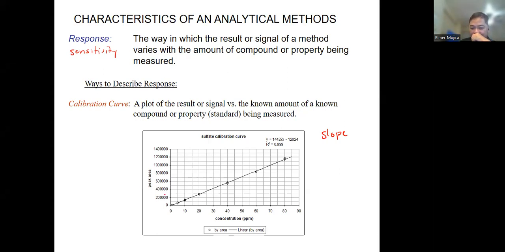So if we have a calibration curve like this, and another like this, and another like this, and I put A, B, and C, which is the most sensitive, or which has the greatest response among the three? Okay, so you have here A, because that is the one that has the highest slope. The highest slope is the one that is steeper or more steep.